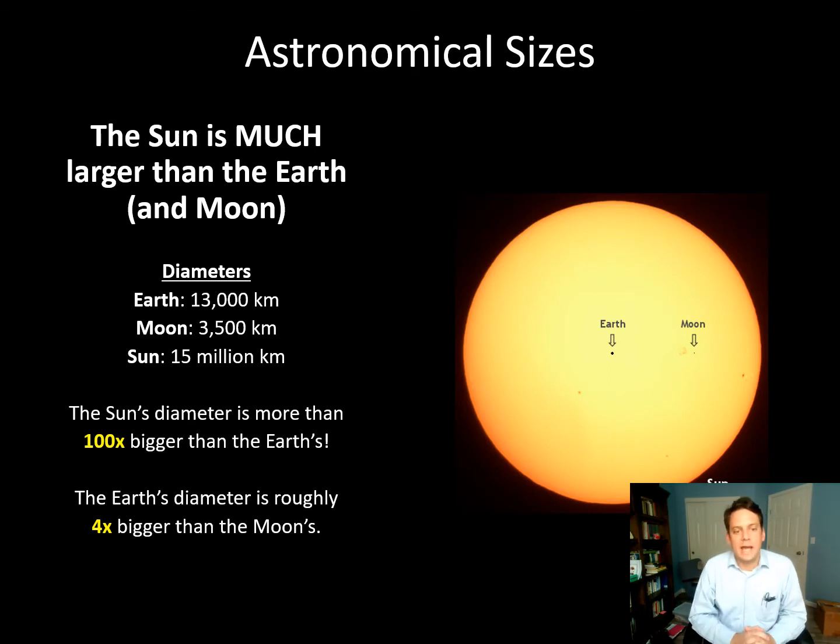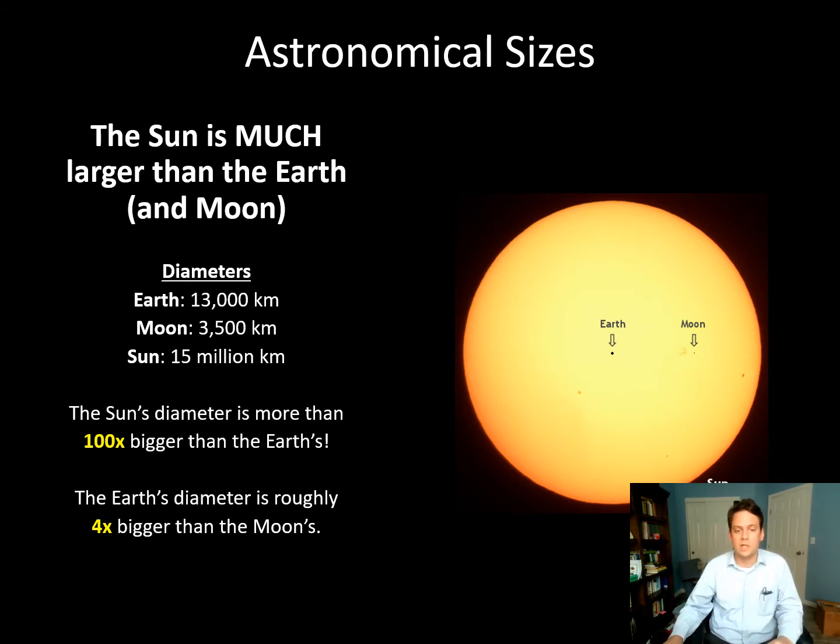So, astronomical sizes. We've talked a little bit already about some of the relevant sizes in astronomy, but it turns out that there are a lot of objects we're going to be interested in, and so we're going to hit a few more here. We've talked already that the sun is much larger than the Earth. And certainly if it's much larger than the Earth, it's much larger than the moon.